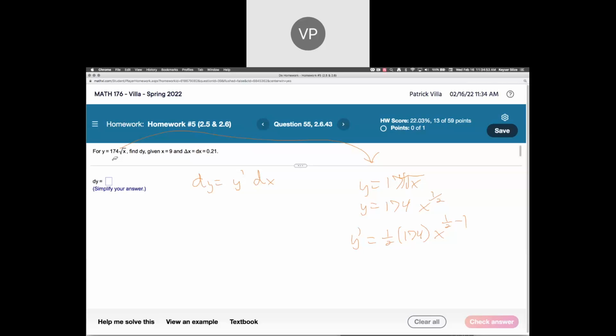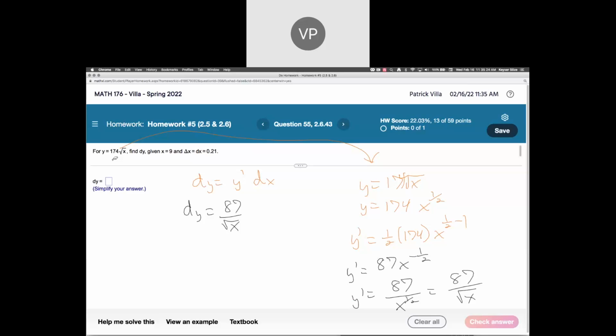You're subtracting 1 from the power. So now I'm cleaning up a bit. 174 over 2 is going to be an 87, x to the negative 1/2, and y prime is going to be 87 over x to the 1/2, or 87 over the square root of x. So that's what I'm going to put in here, 87 over the square root of x.